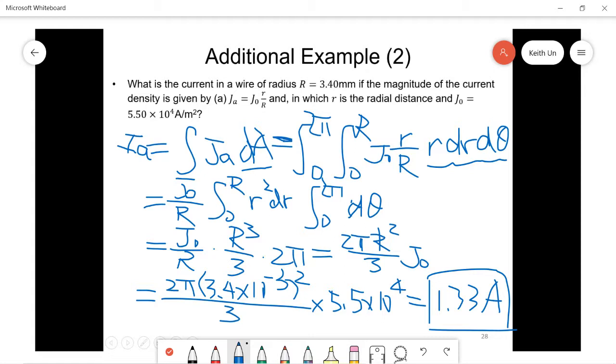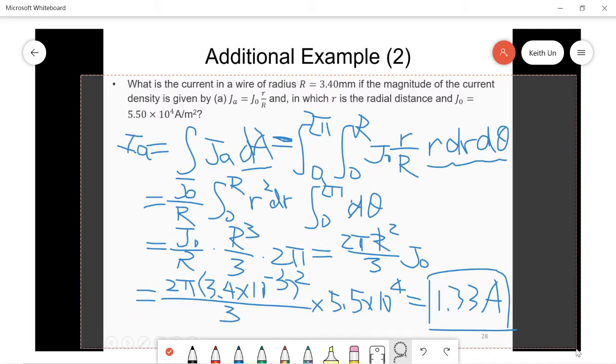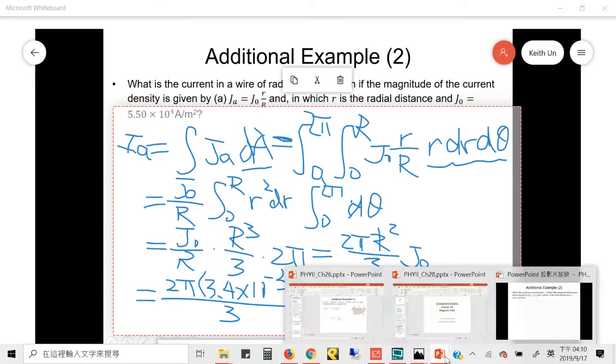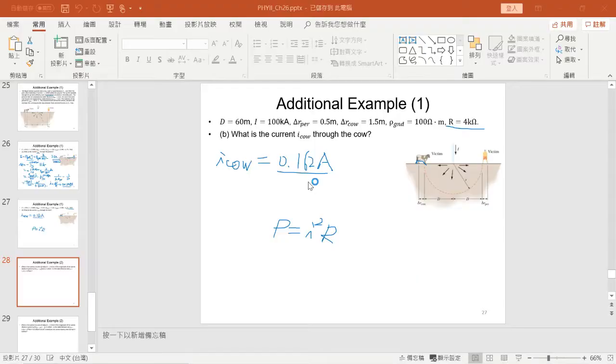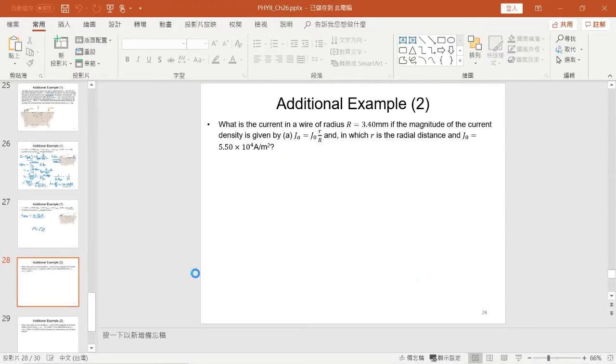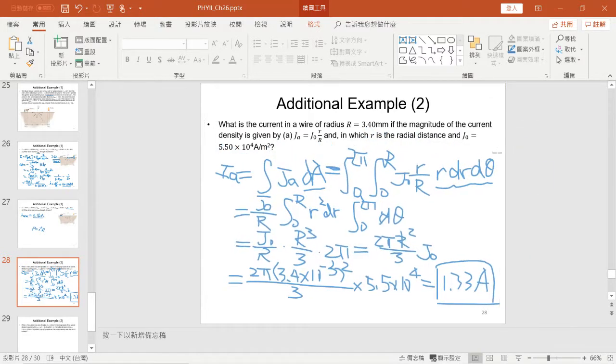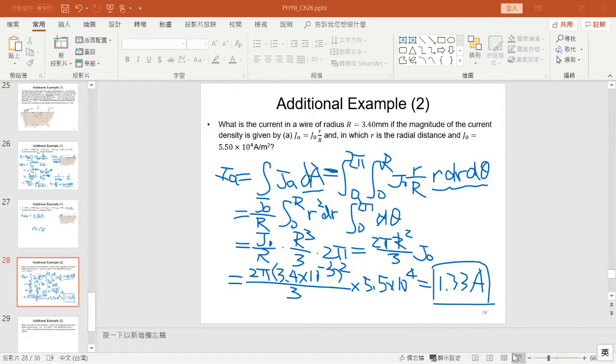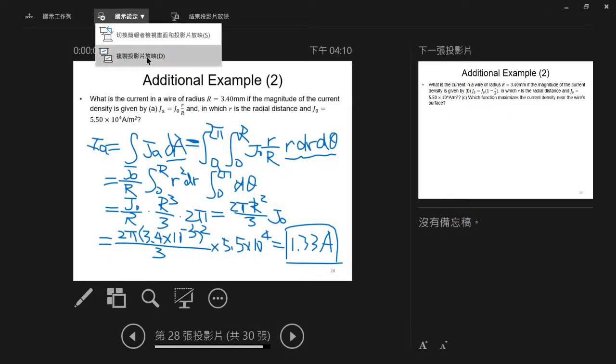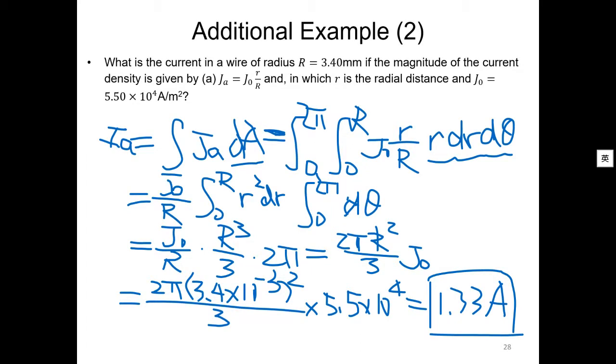Any question in regards to this question? This one is a simple integration.